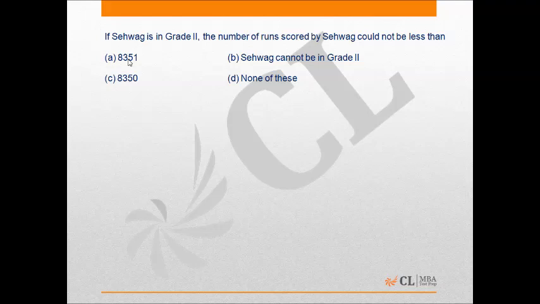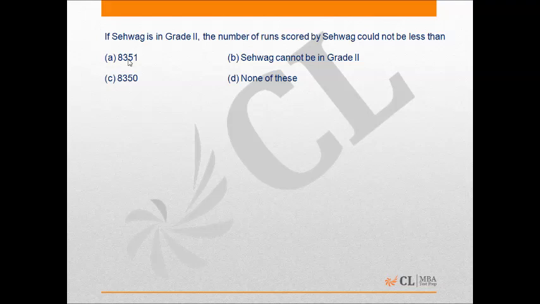As we saw in the previous question, the total points that Sehwag could have excluding his runs is less than 2000, and we also know that Sehwag has scored less than the number of runs scored by Dravid, who has scored 8000 runs.